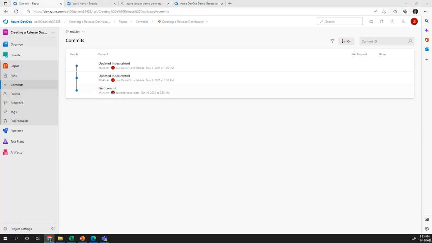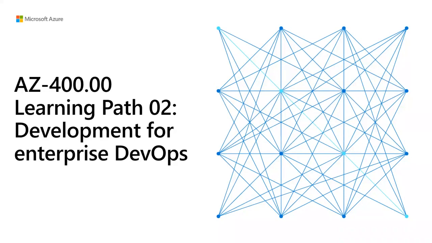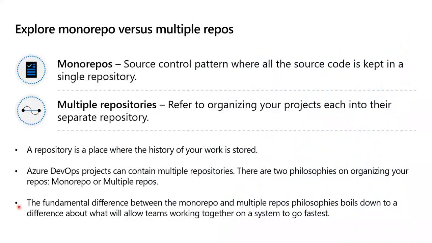All right, so let's continue with our last module for today, guys. Give me a second while I'm opening my presentation. The development for enterprise DevOps: what you should consider when you are working with this kind of projects.